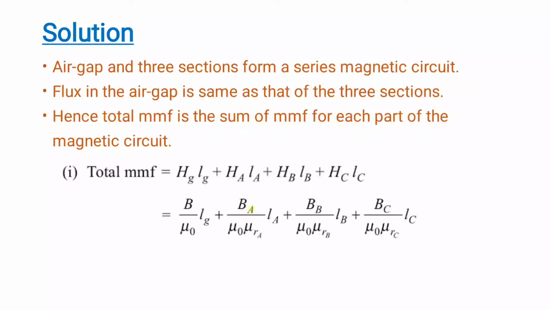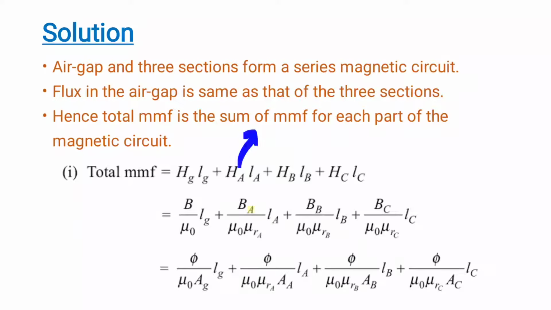For H we can write B by mu naught, related to magnetic flux density, from the derivation. That can be written as B by mu, where mu is equal to mu naught into mu r. So substitute in all the H values.